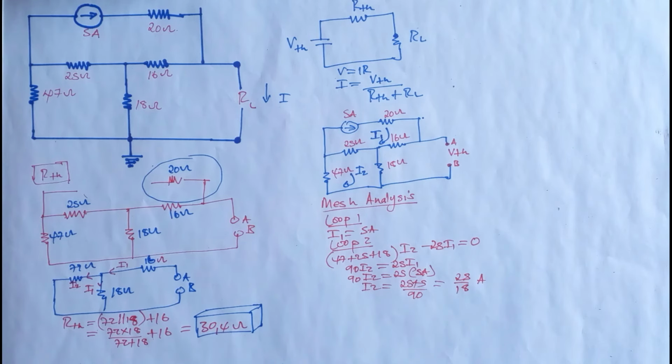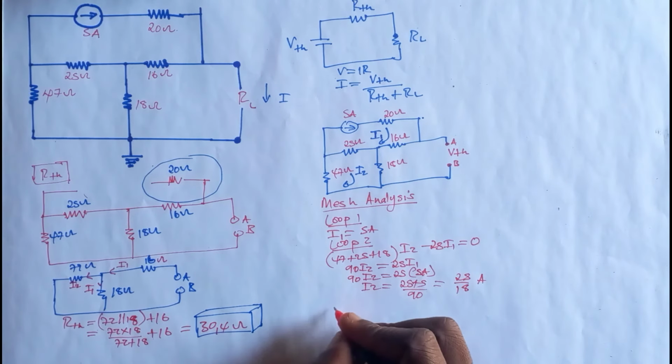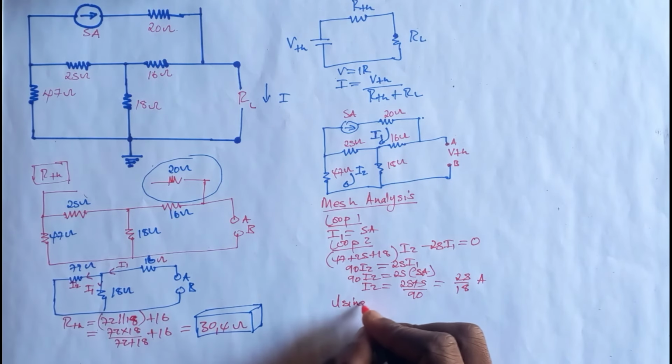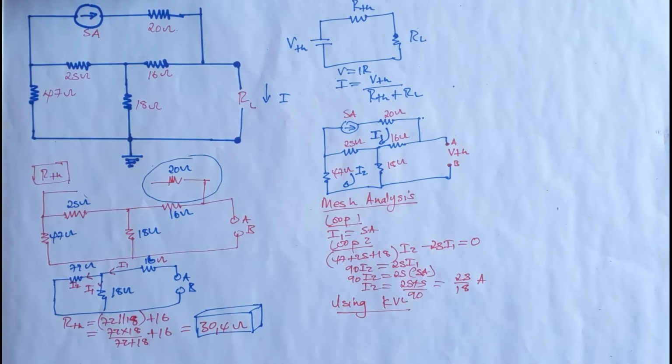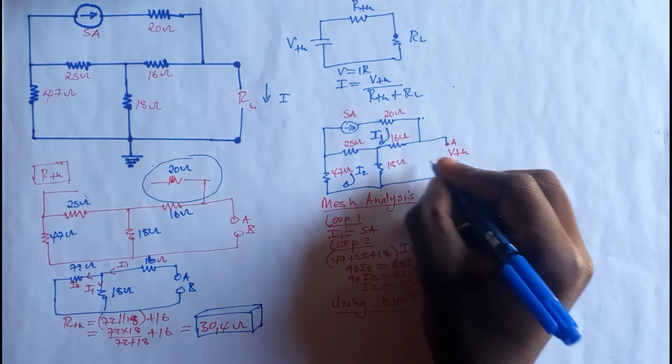Now that we have the current, I'm going to use Kirchhoff's voltage law. I'm going to consider this loop, let me call it loop number 3.